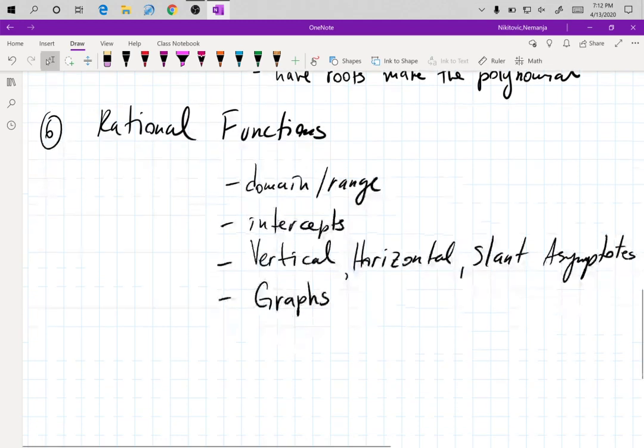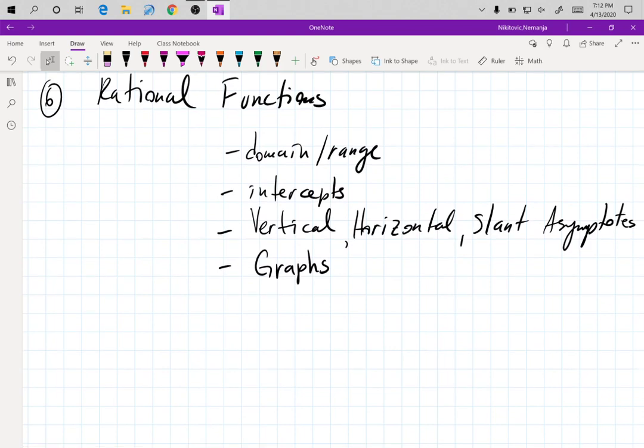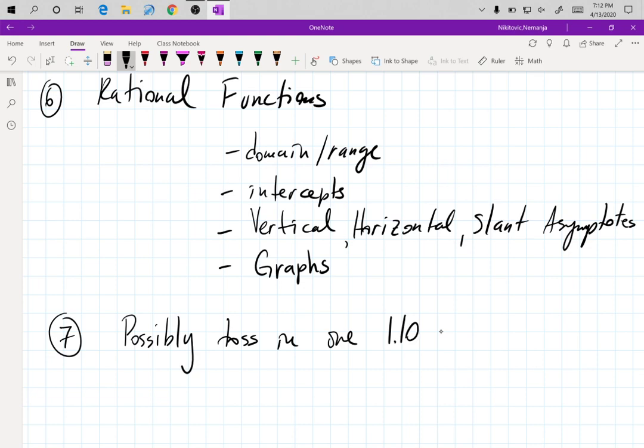All right. And I know I mentioned that we might toss in one of the word problems from 1.10. We'll see. I'll put that here as a 7. Because the exam without a word problem is just a dull exam.